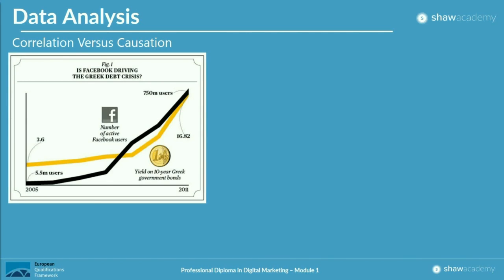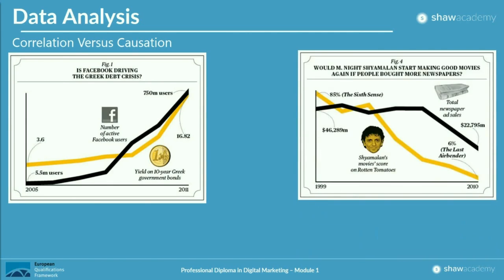All right, so here is another one with one of M. Night Shyamalan's movies, okay? His movie ratings on Rotten Tomatoes and how it correlates to newspaper sales. Again, here you can see that there's a correlation between the two figures.